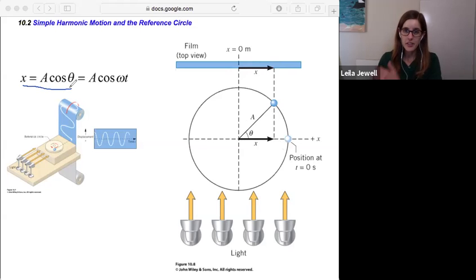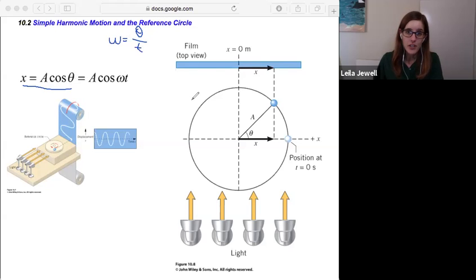Now theta, we know, is angular displacement. We can write it in terms of our angular speed. We know angular speed, omega, is just equal to the angular displacement theta divided by the time.